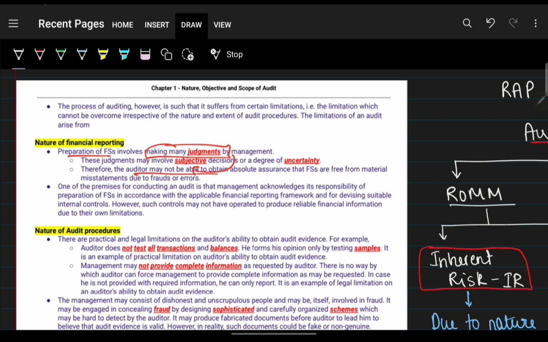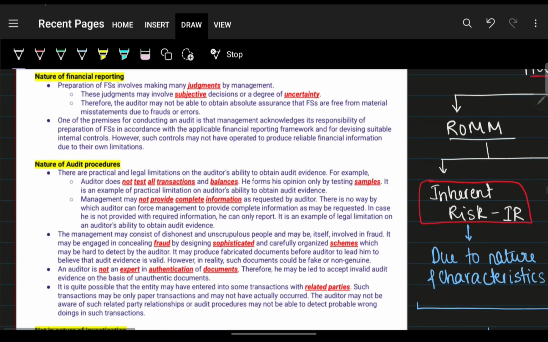So the auditor may not be able to obtain absolute assurance that the financial statements are free from material misstatements. Next, one of the premises for conducting an audit is that the management acknowledges its responsibility for the preparation of financial statements, and it is responsible for devising its own internal controls. And what we know, internal controls give, again, reasonable assurance, not absolute assurance. So therefore the nature of financial reporting is also an inherent limitation of auditing.